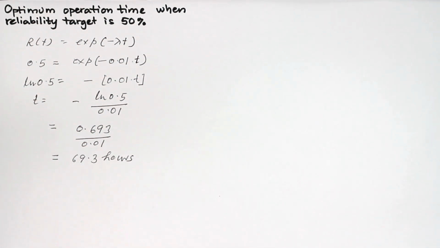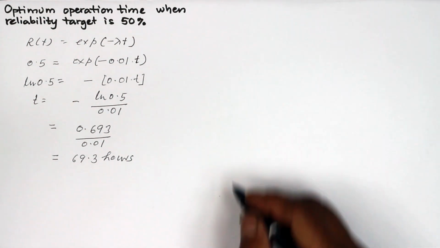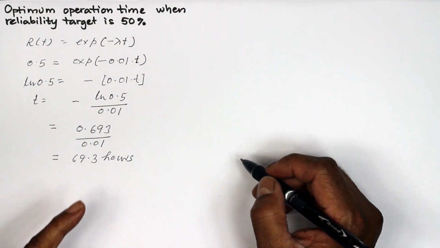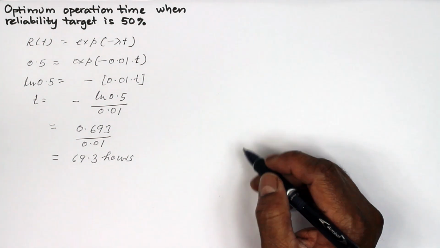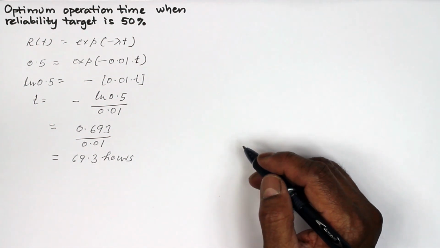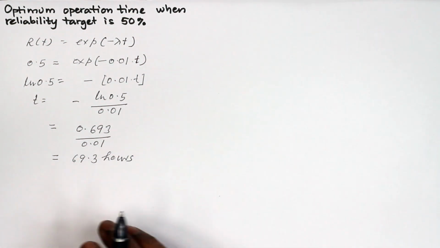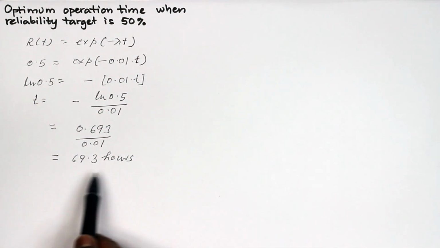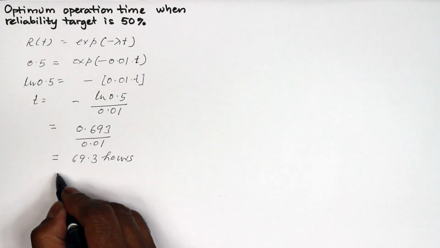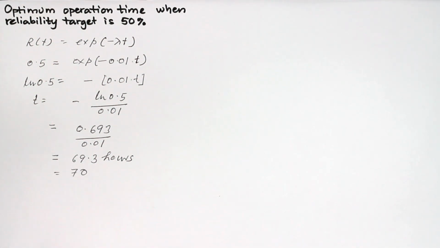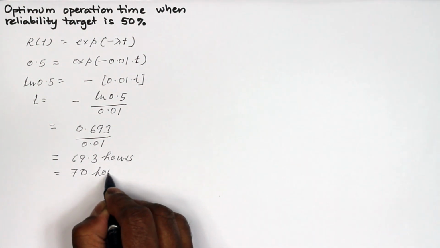You remember the first time, with 100 hours operating time, we got a reliability of only 37%. When you want to increase the reliability to 50%, we need to operate the system only 69.3 hours, roughly 70 hours, and take the system for maintenance.